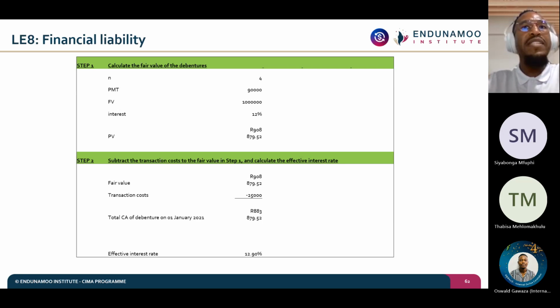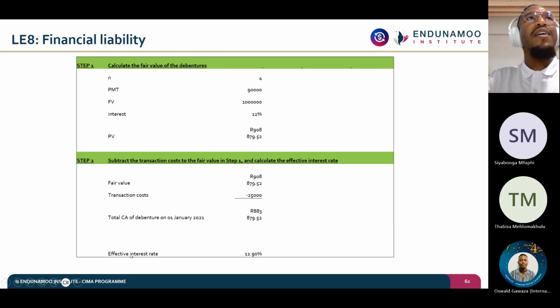To do that, we simply say the fair value is 908 less the transaction costs, which means the carrying amount of the debentures is 883,879.